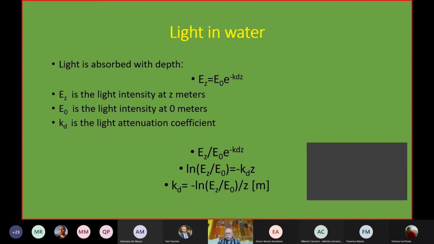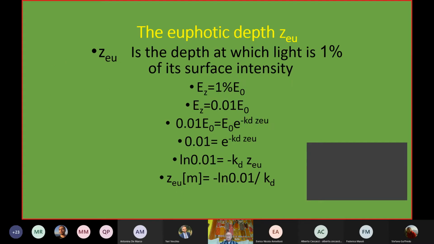Now, remember that you know the KD, and now you can determine a very, very important factor that is a key factor also in the culture of algae. And that is the determination of the photic depth. And that is defined as the depth at which light from the surface is reduced to only 1% remaining. And why is it important?